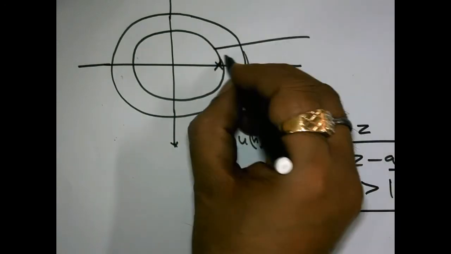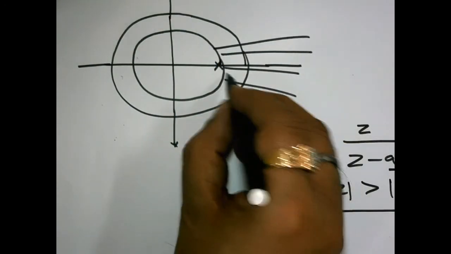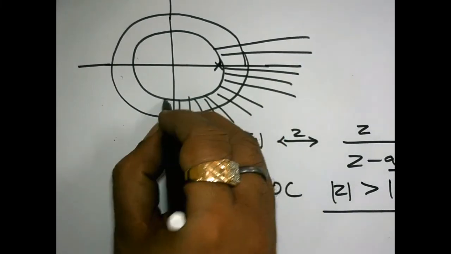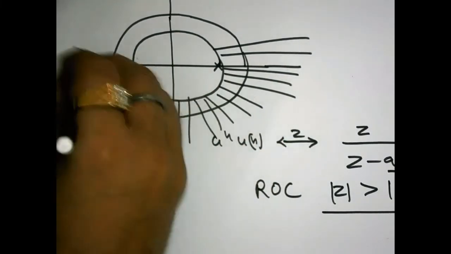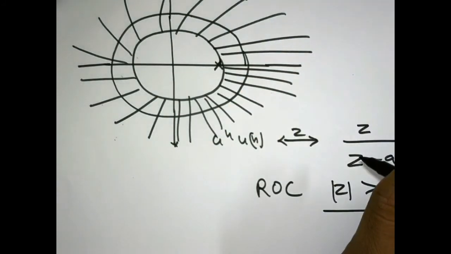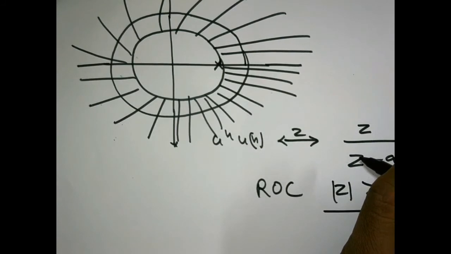So in case of a causal signal and system, if the region of convergence covers the unit circle, then the system is stable.